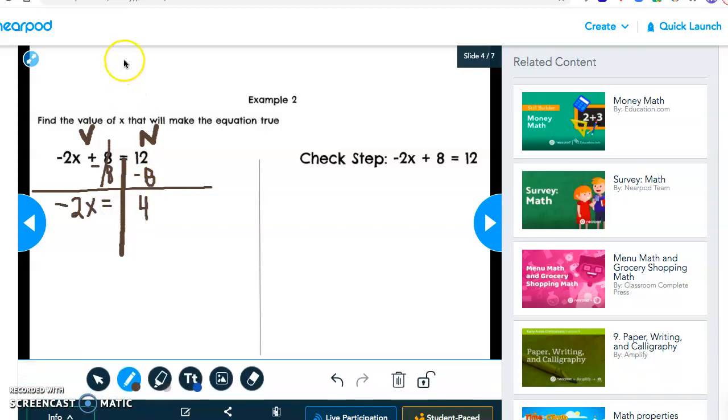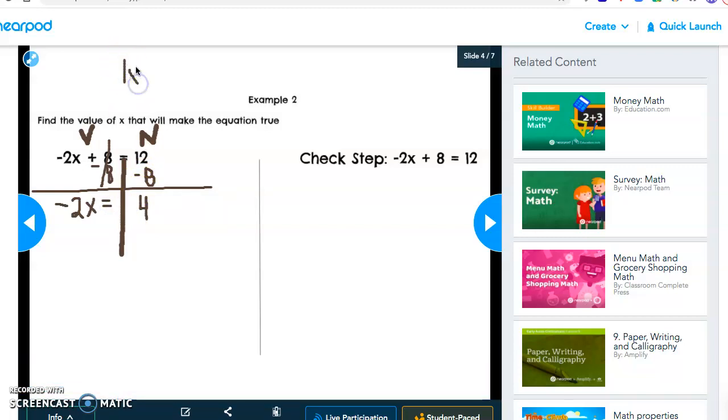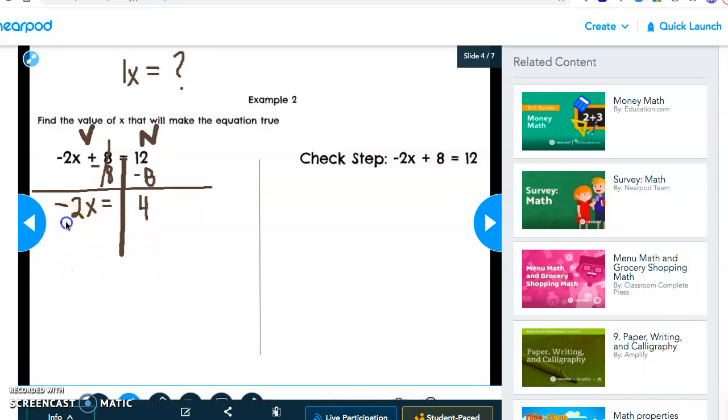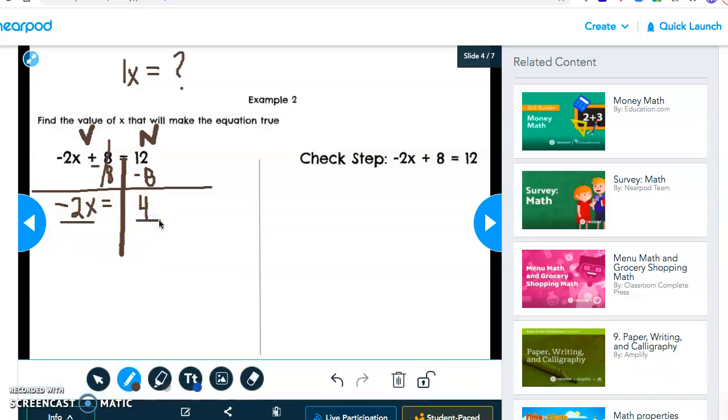Now, we are trying to figure out, as I wrote at the top here, what is 1x? Also, if I'm going too fast, feel free to pause the video whenever you want. So I need to get 1x, which means I have to divide, as we've been doing, but divide by what?